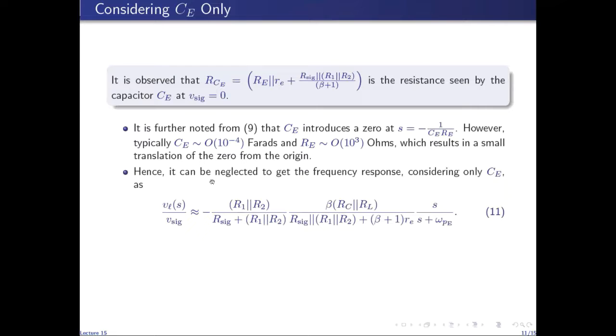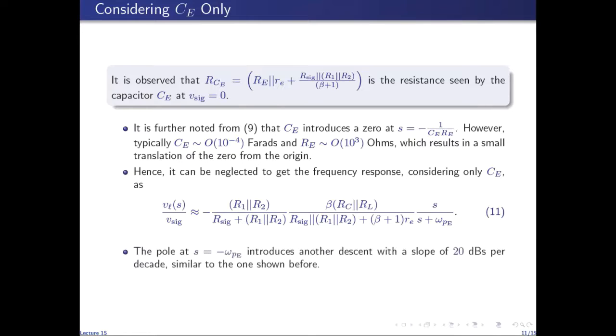So the approximate response of the amplifier due to the bypass capacitor at low frequencies is given by this expression, in which the product of the first two terms is independent of the frequency, and the last term represents the response of a high pass filter.